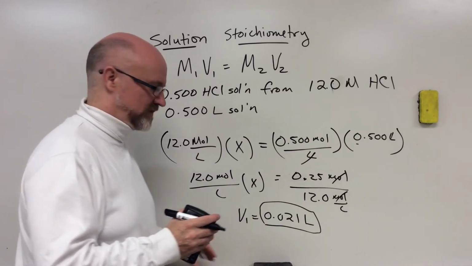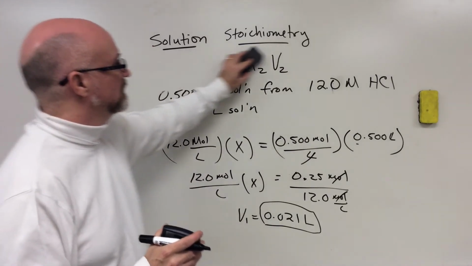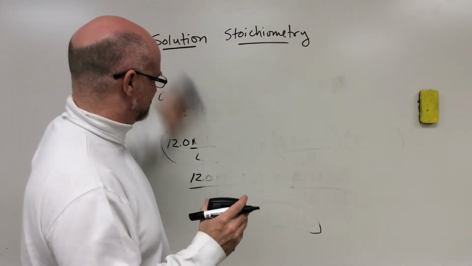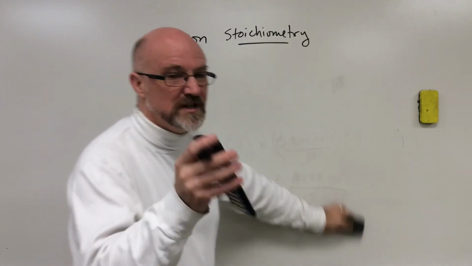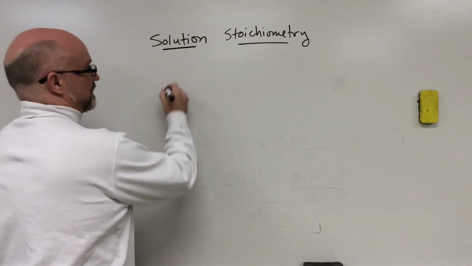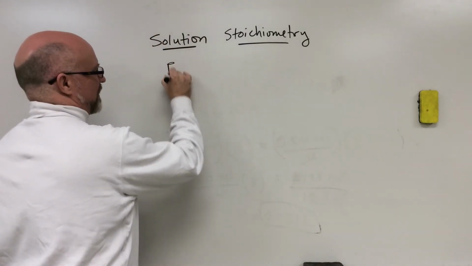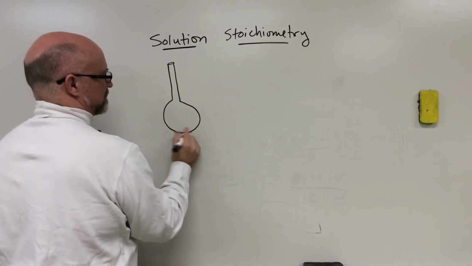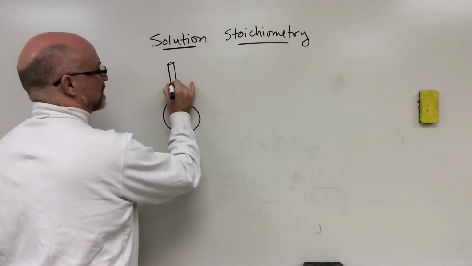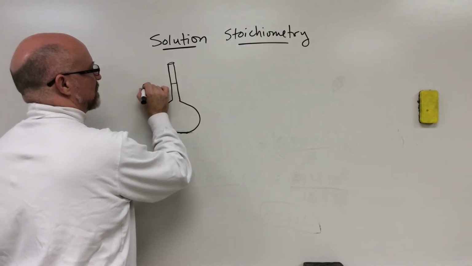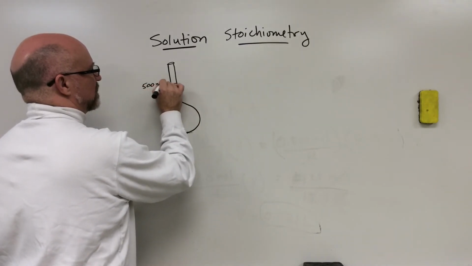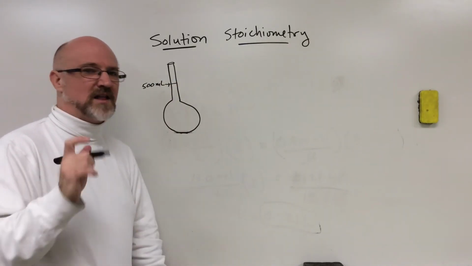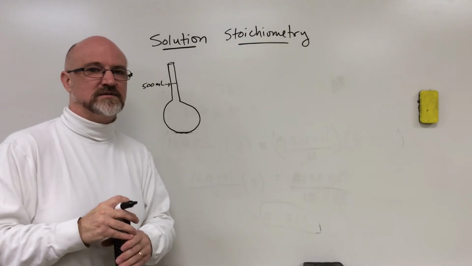So the procedure for this: I have a volumetric flask, one that has the mark, it's calibrated just for a half a liter.